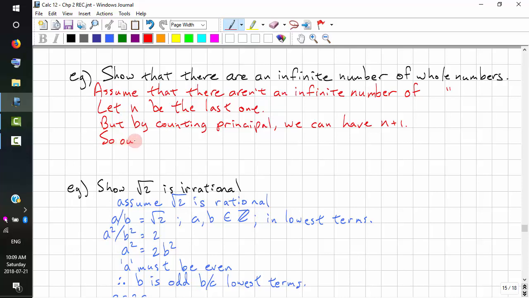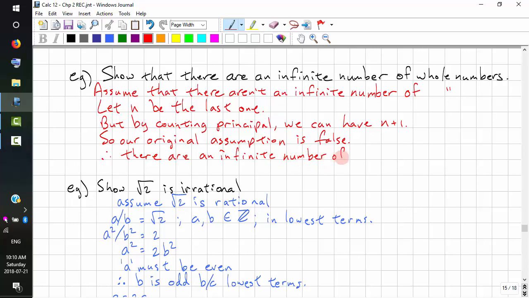So our original assumption is false. Therefore, there are an infinite number of whole numbers.